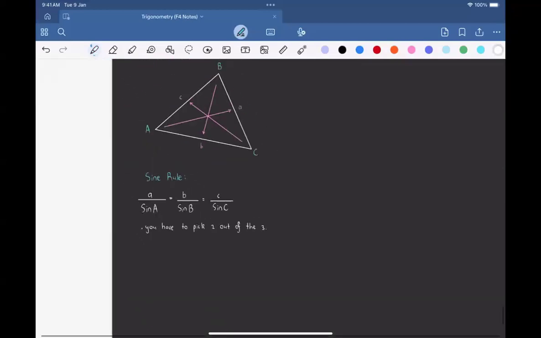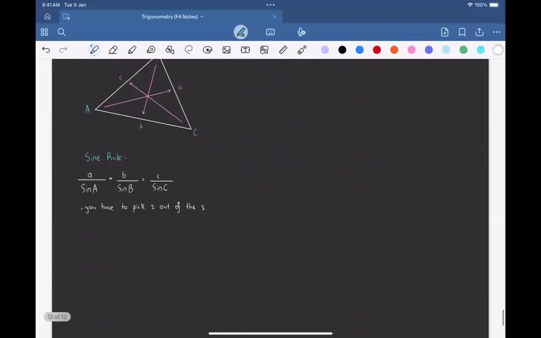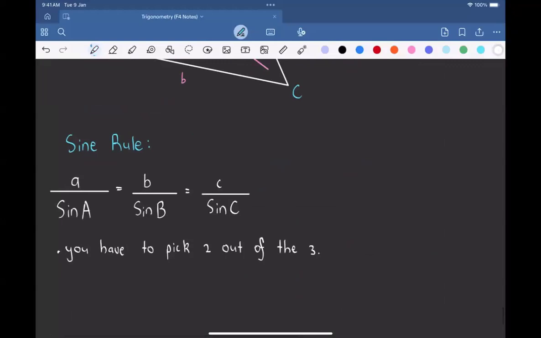Nicholas, remember the trick I showed you when you're trying to figure out if it's sine, cos or tan? You're looking to see what you have, and what you're trying to find. It's the same trick you're going to use here.